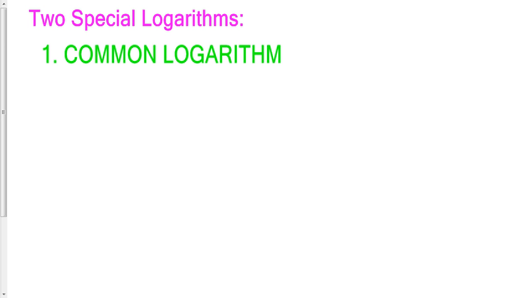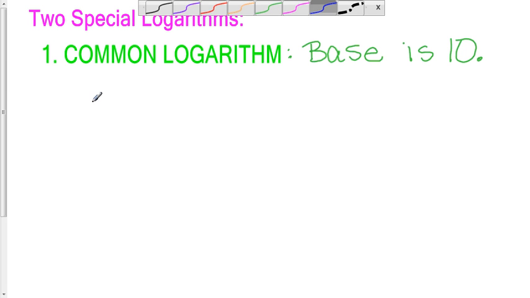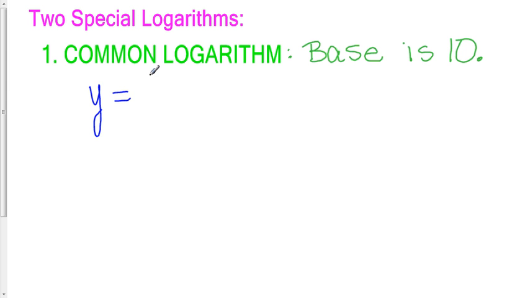Now, there are two special types of logarithms that you need to understand. One of them is called a common logarithm. And in a common logarithm, the base is 10. So it would be something like this: y equals log base 10 of x.